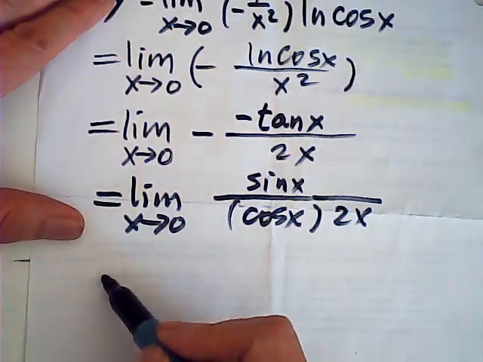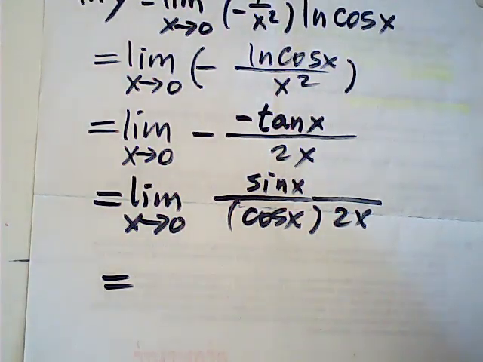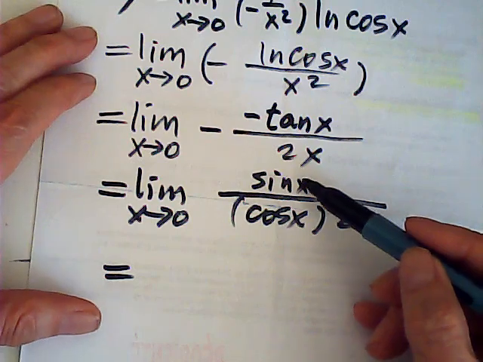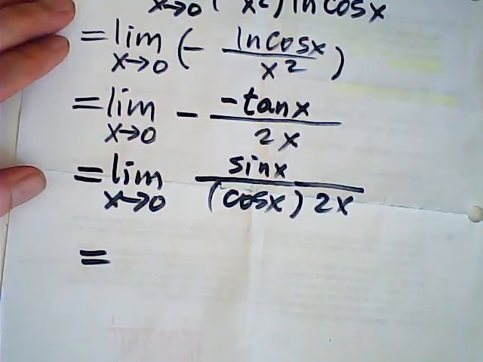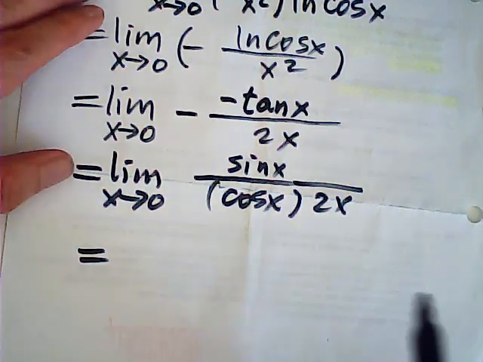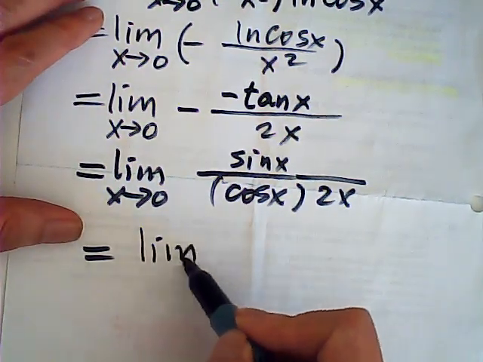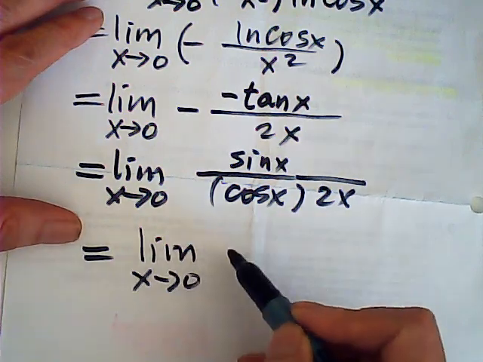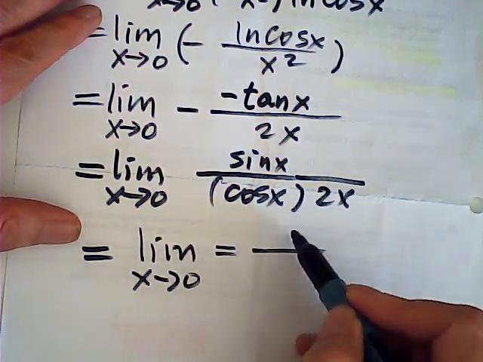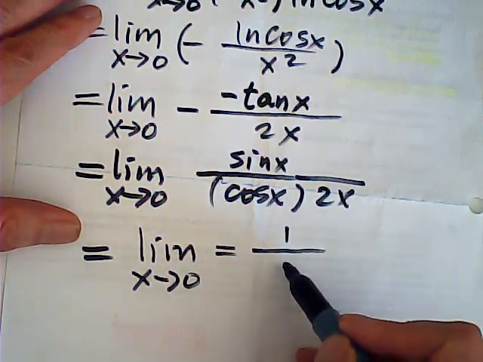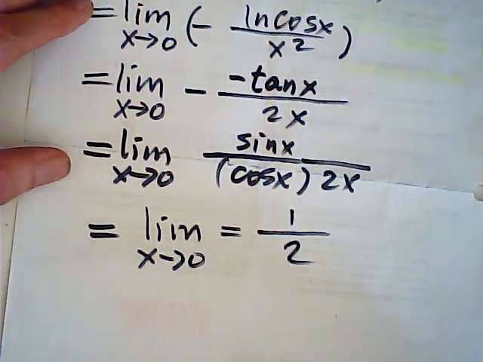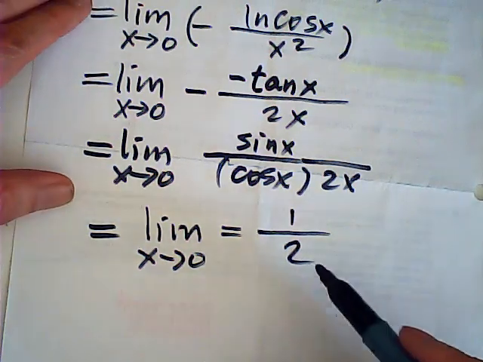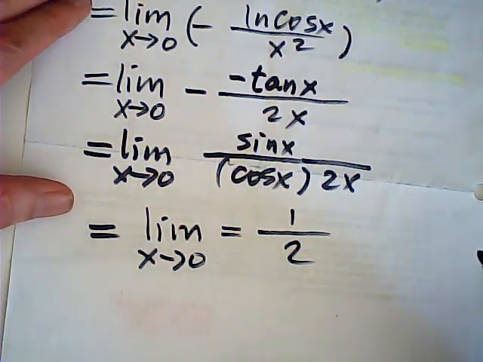And sine x over x, when x goes to 0, equals 1, right? So this one is equal to the limit as x goes to 0 of 1/2. This goes to 1, this one with that one is also 1. This is the half.